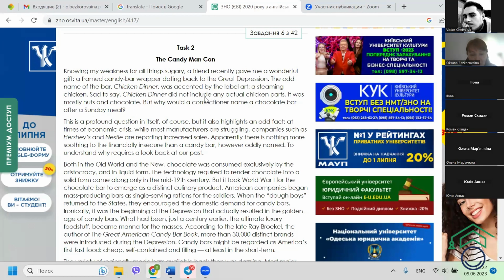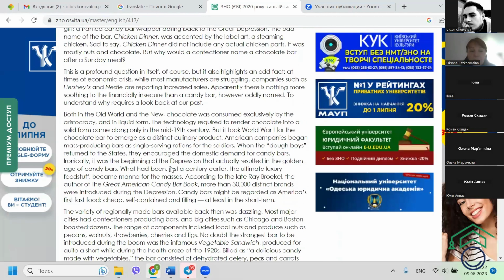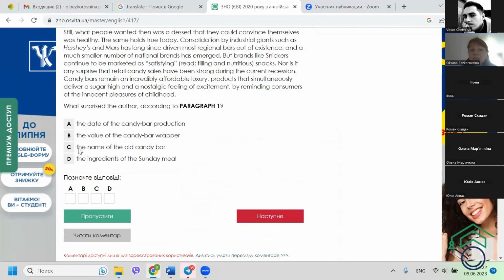І у другому параграфі знову oddly named, дивно названий. Батончик, який так дивно названий. Тобто, вже є в першому, але другий підкріпляє. Тобто, the correct variant is C. So, the author was surprised by the name of the candy bar. Він був здивований назвою. Да? C.